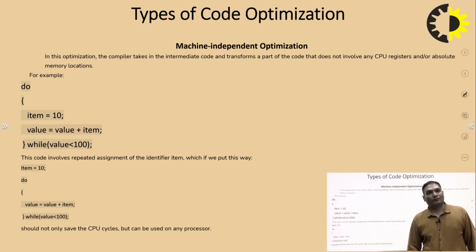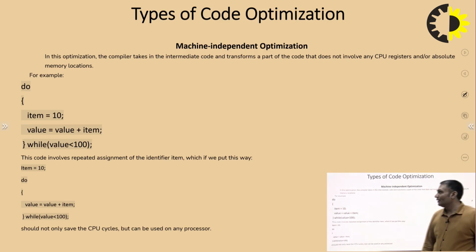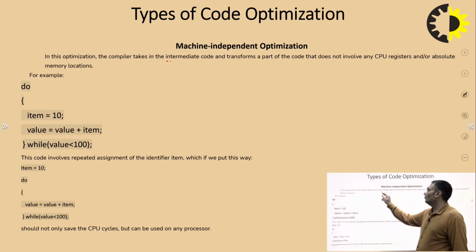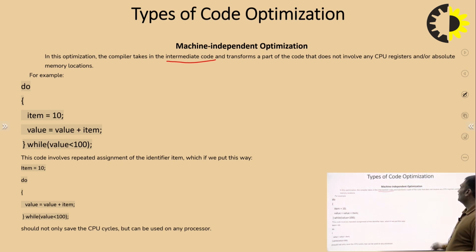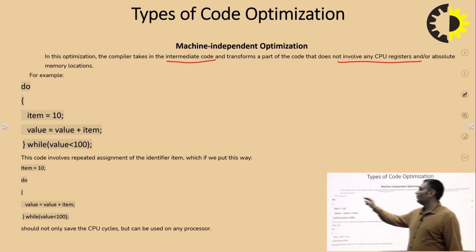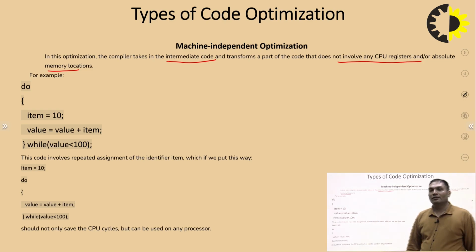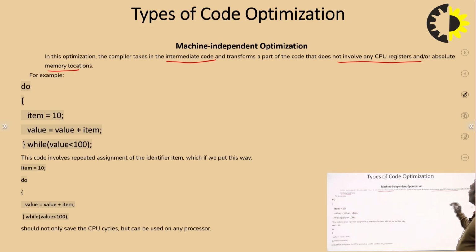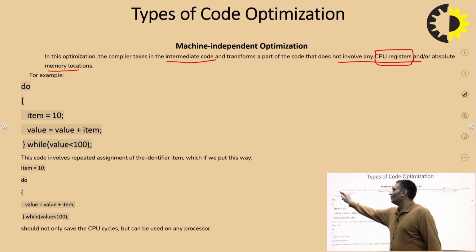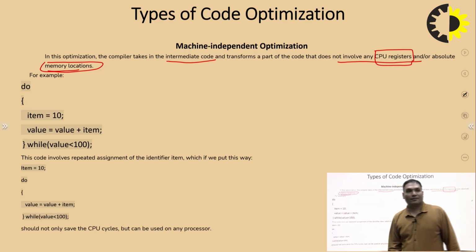So there are two types of code optimization techniques, that is machine independent optimization and machine dependent optimization. In machine independent optimization, the compiler takes the intermediate code and transforms a part of the code that doesn't involve any CPU registers or absolute memory locations. So the part of the code that doesn't involve CPU registers and memory locations will be changed.